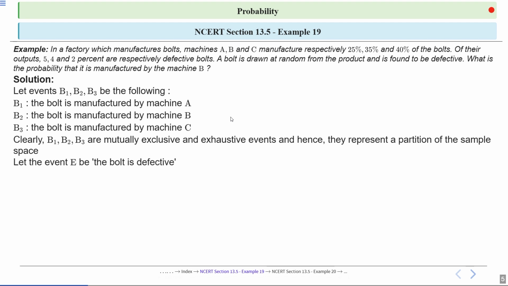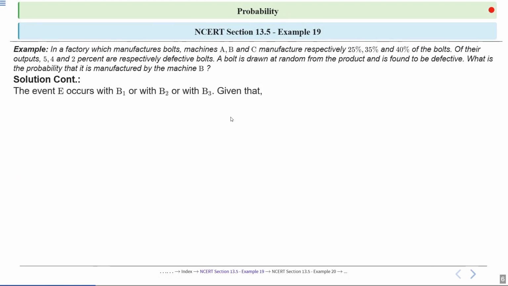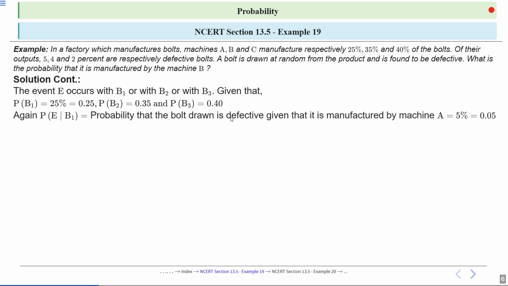Let the event E be that the bolt is defective. The event E occurs with B1 or with B2 or with B3. Given that probability of B1 equals 25%, which equals 0.25, probability of B2 equals 0.35 and probability of B3 equals 0.40.